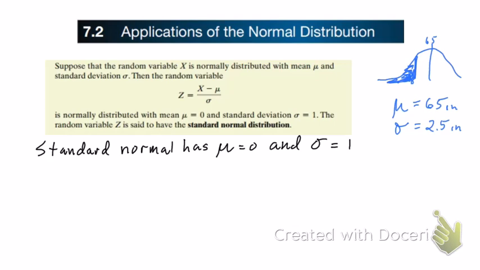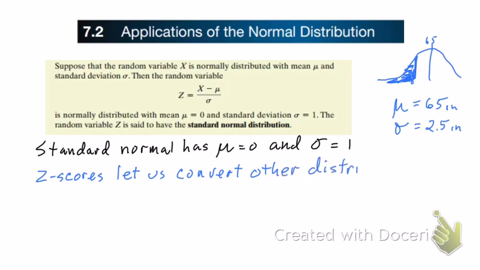This table in your formula pages is the result of them plugging values into that formula, which is based on calculus, and getting areas for us. Well, that's nice. And that's what z-scores let us do. They let us convert any normal distribution to this standard normal distribution, which means I can use that table.